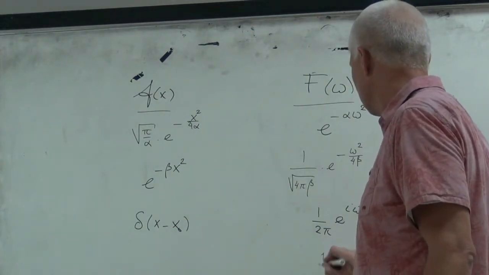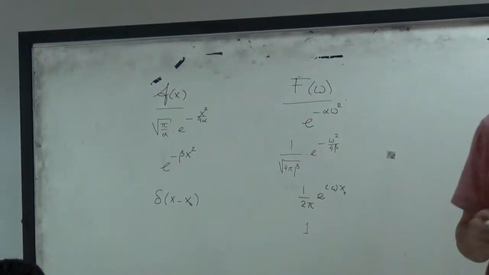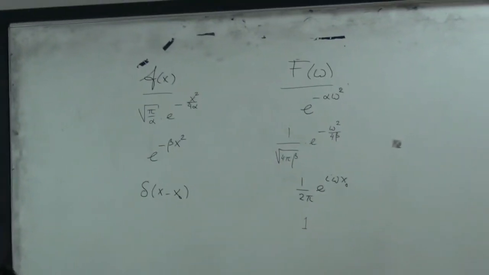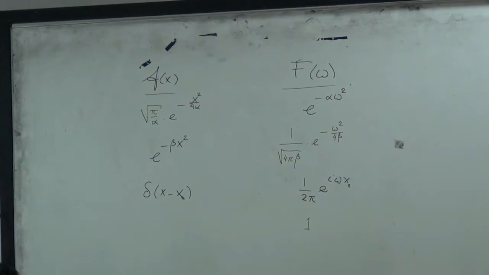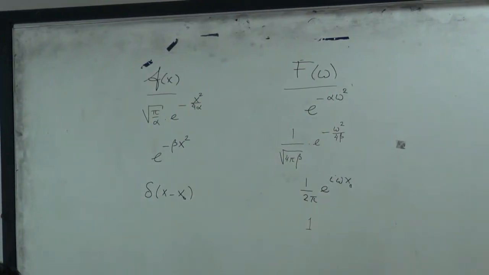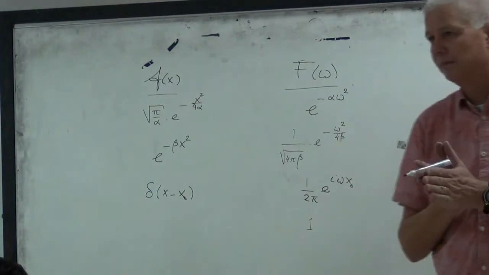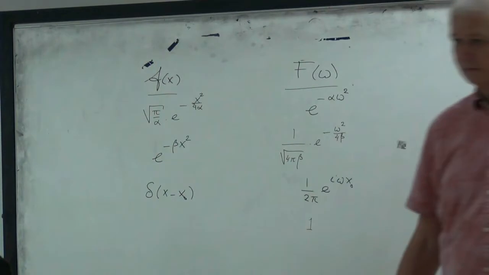Let's assume that I find in the omega domain the function 1. The next example. What is the function in the x space? So if I find in the omega domain the function f omega is 1, what is the function f(x)?